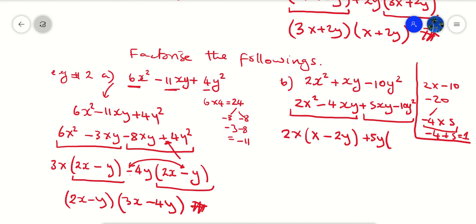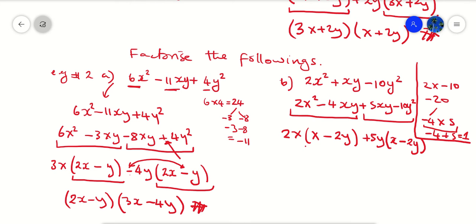If I take 5y from 5xy, I'll be left with x, then minus 10y squared. If I take positive 5y, here I need to have minus, because positive times minus will give me this minus. Then I'll be left with 2y. 5 times 2 is 10, and y times y is y squared.